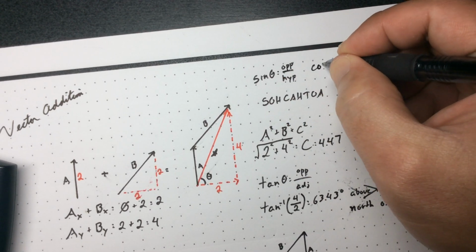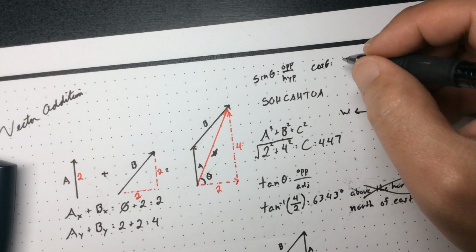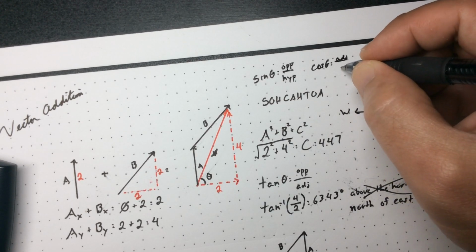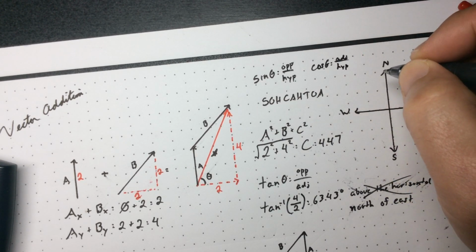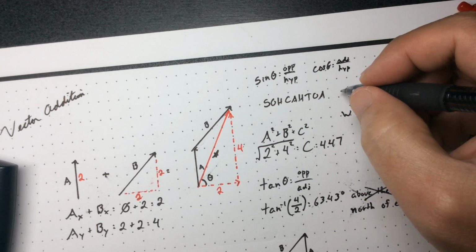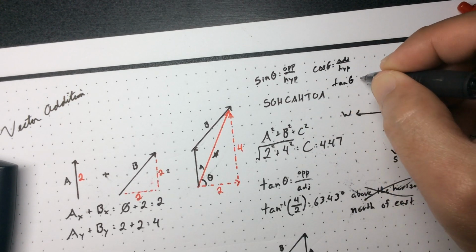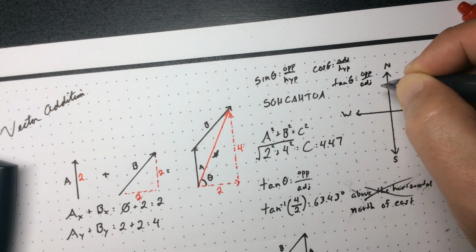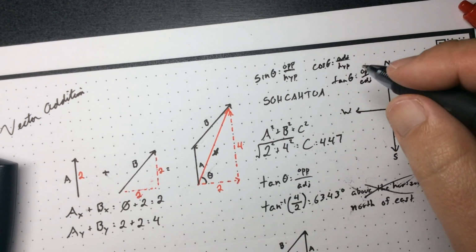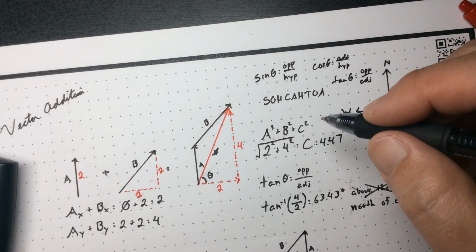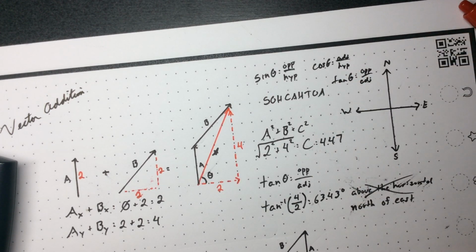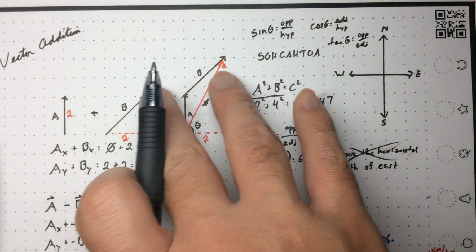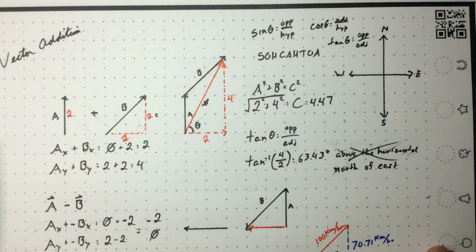Cosine is going to be the ratio of the side adjacent to that angle divided by the hypotenuse. Tangent of the angle is going to be the ratio of the side opposite to the angle divided by the adjacent side. And so that's what SOHCAHTOA will help you with if you forget. But as you use it more and more, it should be a lot more clear to you what's going on.